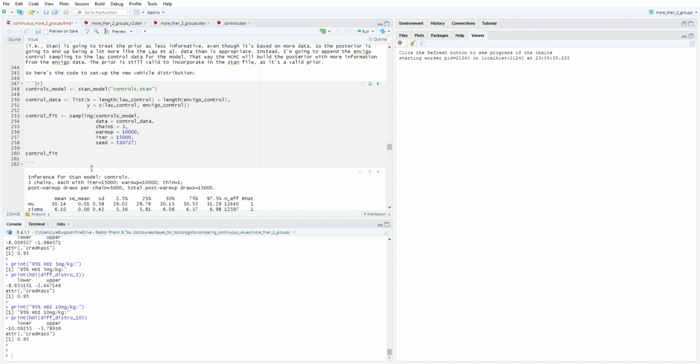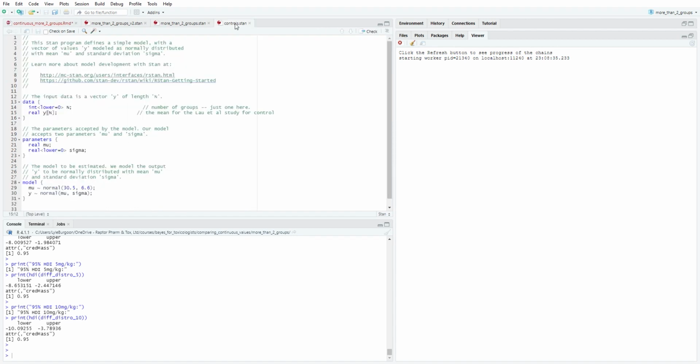And so this is how we're going to do it. We're going to use Stan to basically do a pretty straightforward Bayesian analysis to create a posterior distribution for the controls.